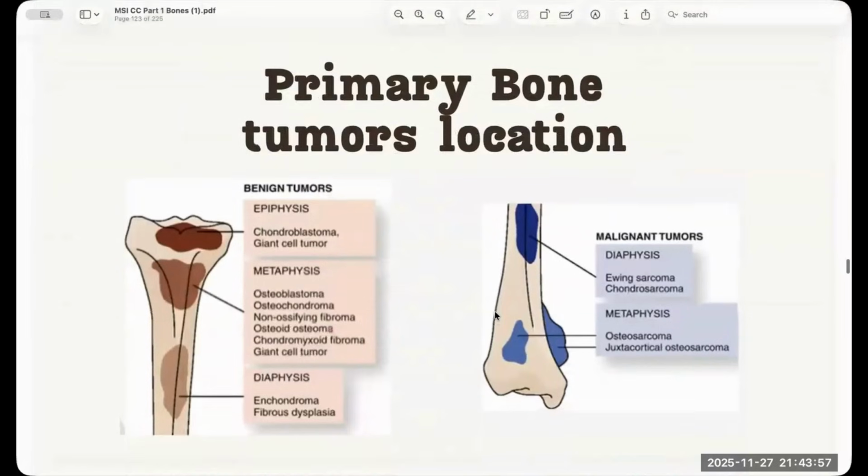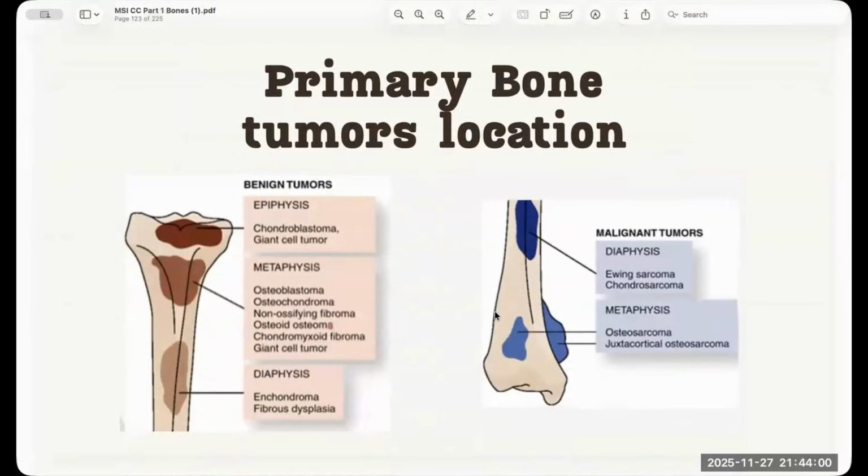Okay, now the locations of the bone tumors are really important to know, because it can turn the exam. So if they ask you to define the location of the tumor, you can narrow it down from there.